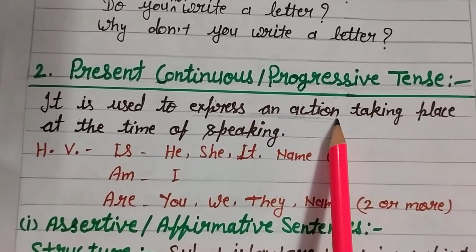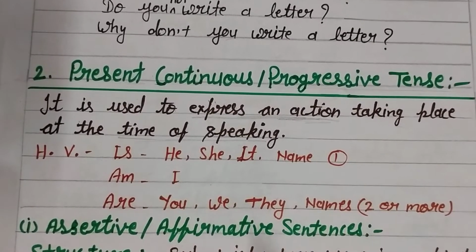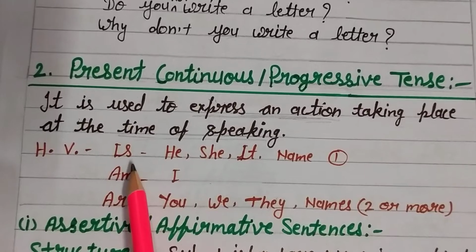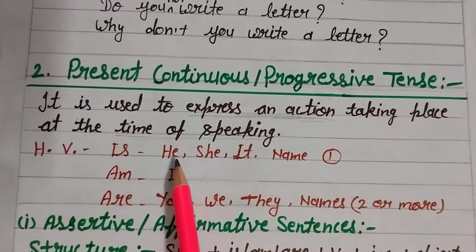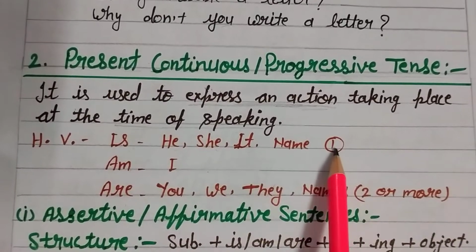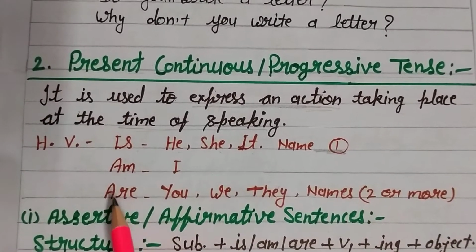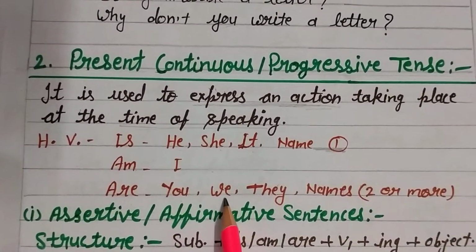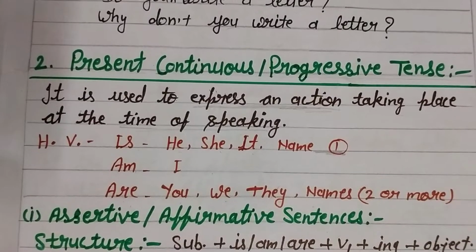Time of speaking. Okay. So the helping verbs are is, am and are. We use is with he, she, it and only one name. Am with I, are with you, we, they, names and two or more names.